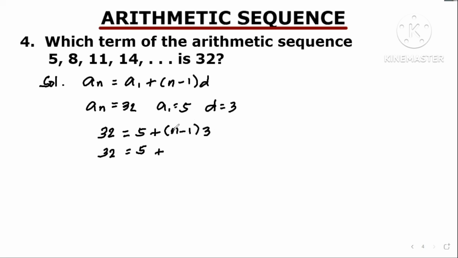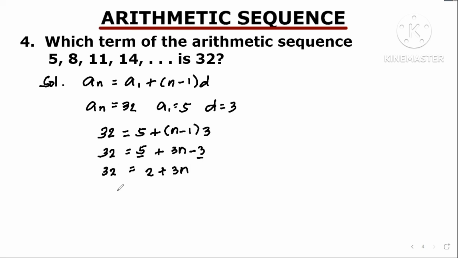You need to distribute, no? 3 times n is 3n, and 3 times negative 1 is negative 3. So combining 5 and negative 3, so we have 32 is equal to 5 minus 3 is 2 plus 3n.